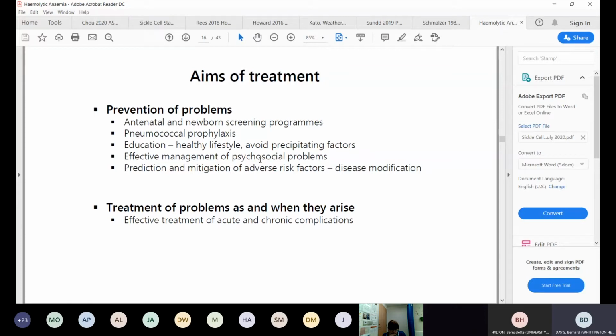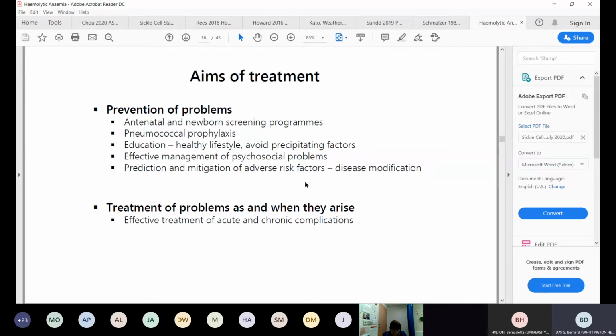Sickle is interesting in that its cause or its behavior is hugely influenced by the psychosocial circumstances of the patient, and it's important to recognize that and to deal with those problems effectively and at an early stage before they take over the patient's life.